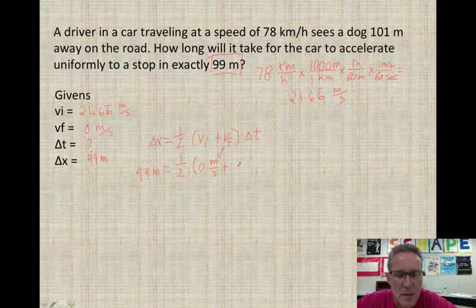And then the VI is 21.6, and I'm going to round that to 7 meters per second. And then we're going to multiply that by the time, which we don't know. That's what we're finding here.